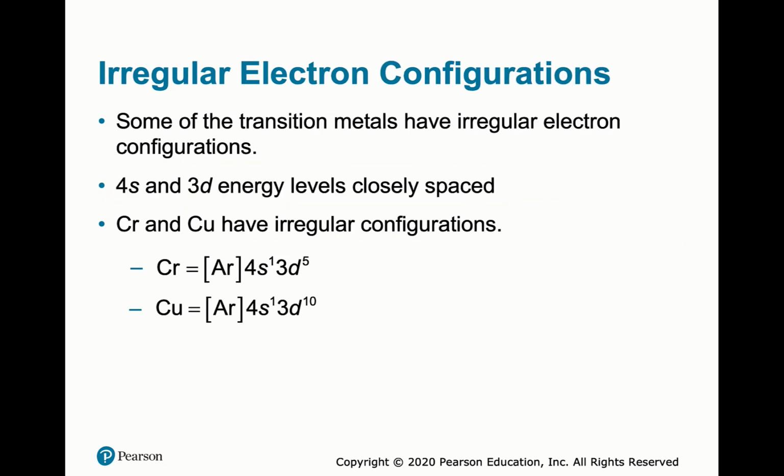So the exceptions for this are chromium and copper. It's very common for the s orbitals to jump in to have the complete d shell. So in the case of chromium, it goes for the single electrons in the d orbitals, and then of course for copper it goes into the double.